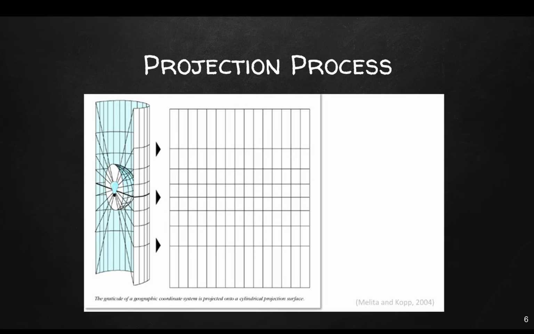This is just a conceptual model. Map projections are actually created by complicated mathematical equations that we don't need to concern ourselves with. We just have to know that we need to take the geographic coordinate system and project it to make a map projection so we can do more accurate measurements.